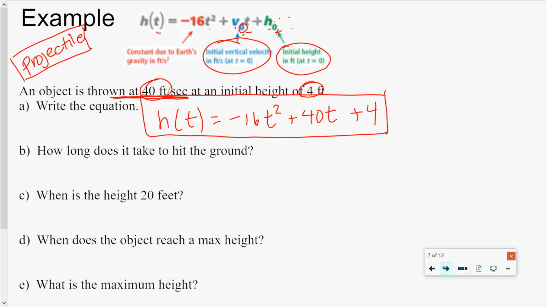Is time 0? 0 where? In time or height? Hit the ground. Isn't the height 0? H of t is 0. So we're going to go 0 equals -16t squared plus 40t plus 4.